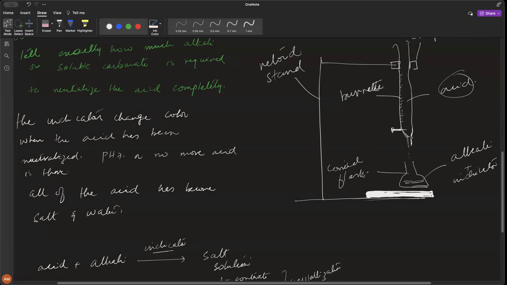The white tile helps you to identify the color change, okay? We'll talk about this in great detail when we are discussing the ATP paper and all. I want you to understand this first at the moment. Is this clear? Yes, sir. All right.